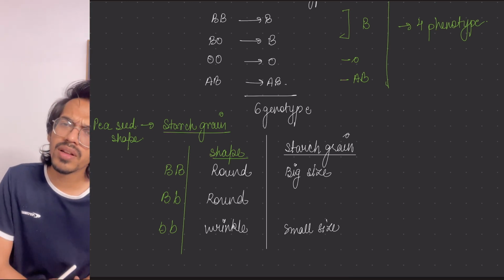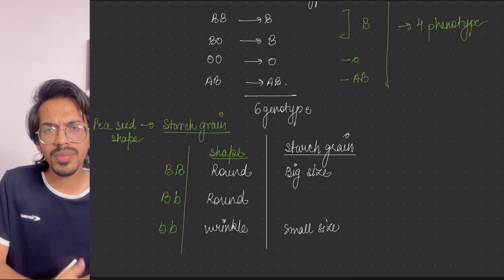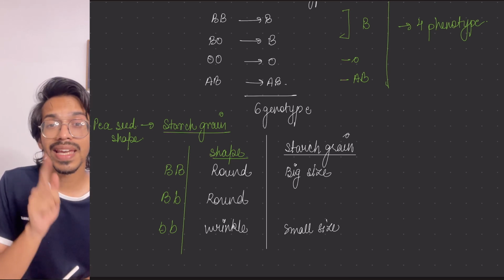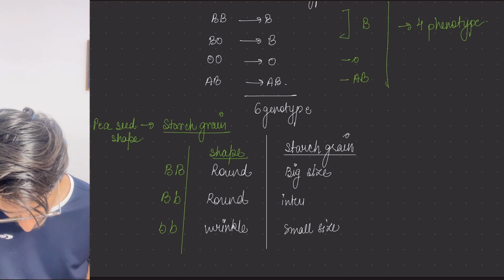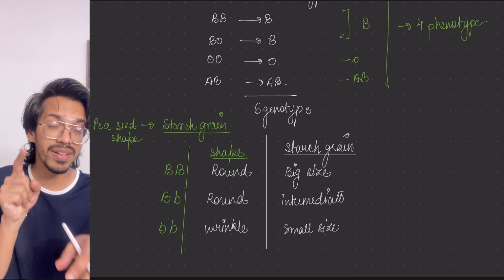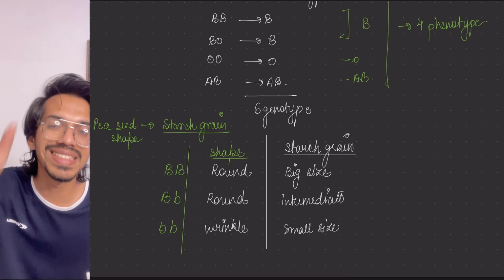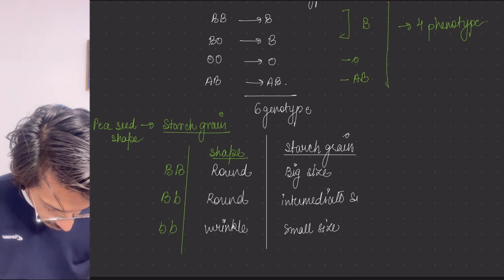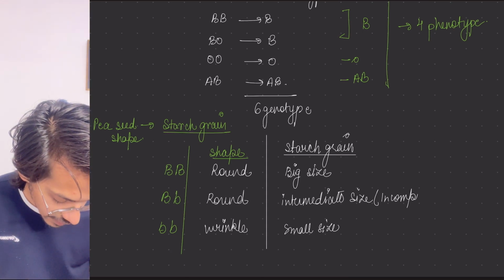Here, according to the law of dominance, it should be big only because capital B is coming. But no, here incomplete dominance occurs and it is of intermediate size. So intermediate means in between. Whenever an in-between result is coming, it means incomplete dominance.